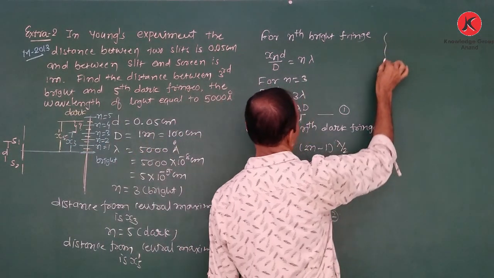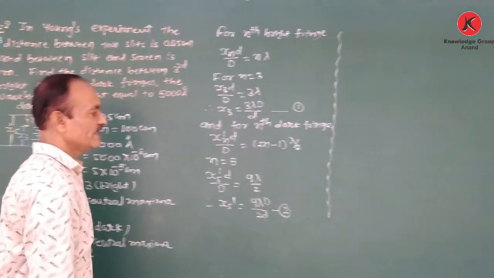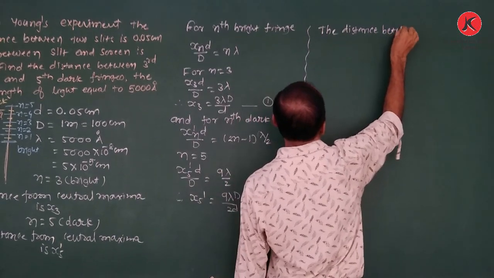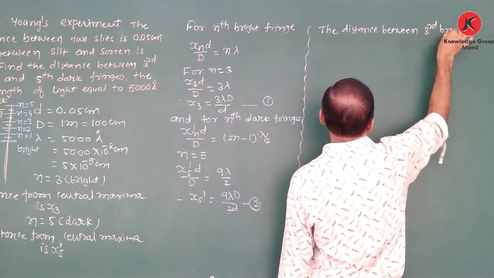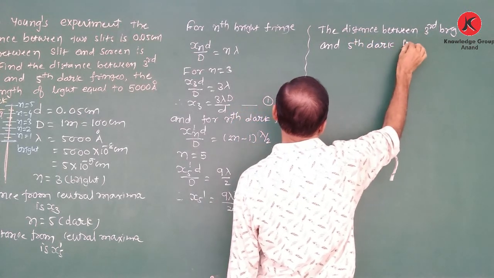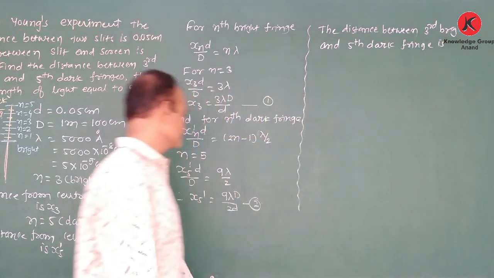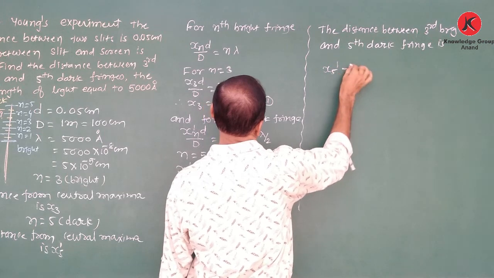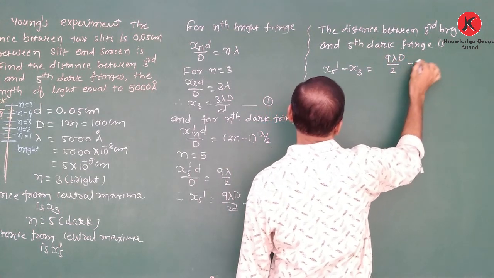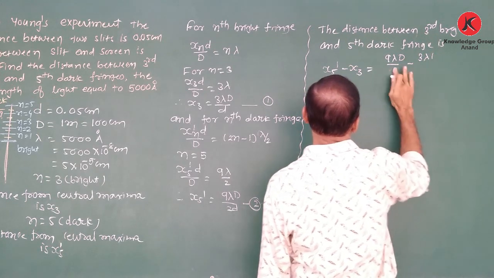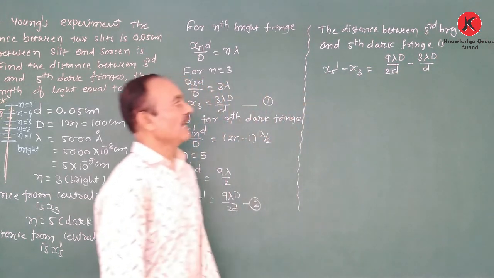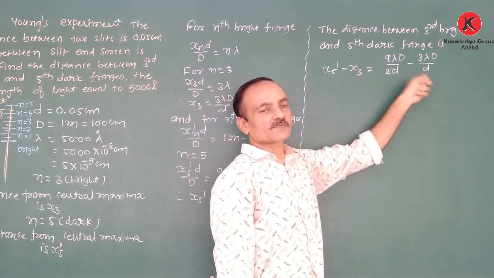Therefore, the distance between the third bright and fifth dark fringes is x5 dash minus x3 is equal to 9 lambda D by 2d minus 3 lambda D upon d. 9 by 2 is 4.5, minus 3, so 1.5 is remaining.